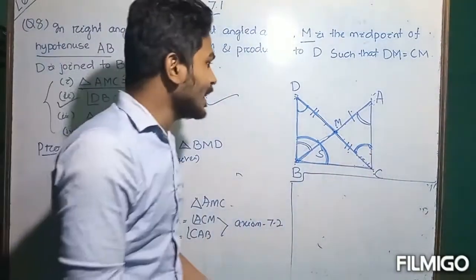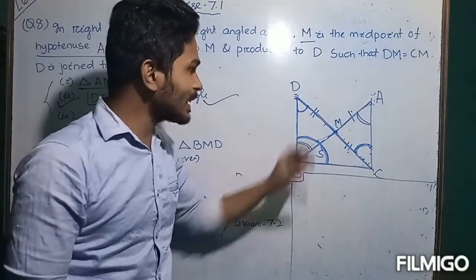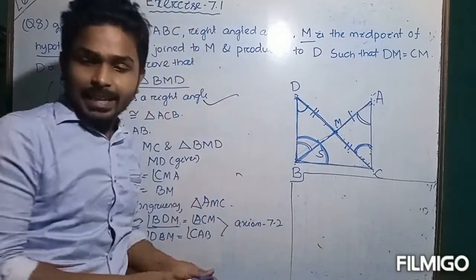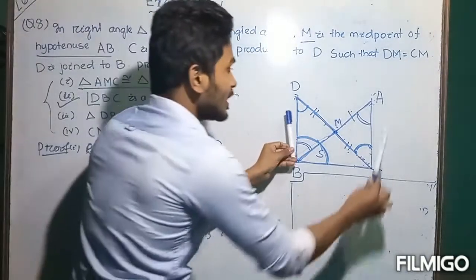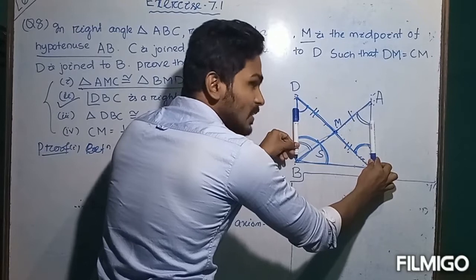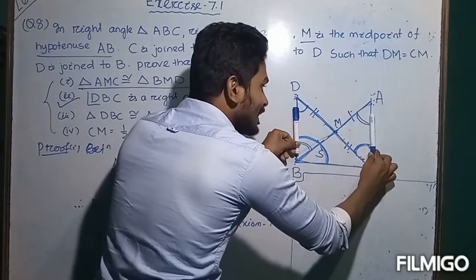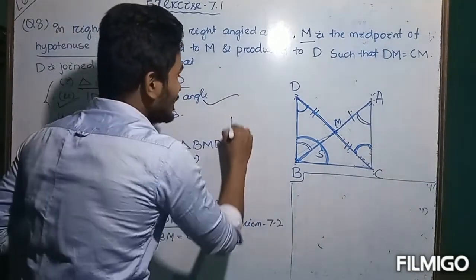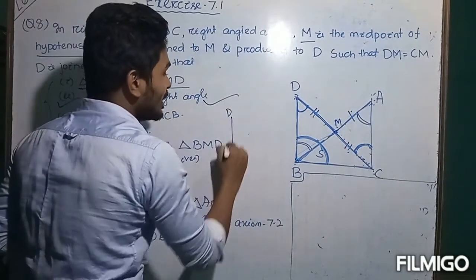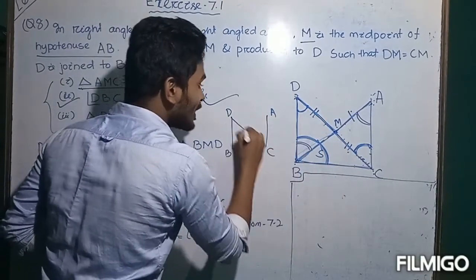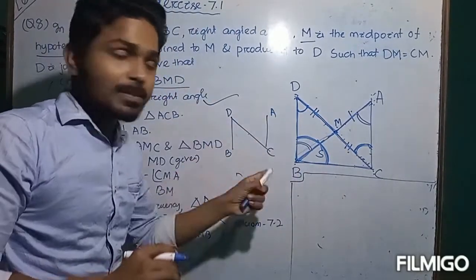Can you tell me, if we forget about everything and only consider AC and DB as two straight lines, and DC is the transversal line? Like this. Suppose this is DB, this is AC, and we consider DC as a transversal line.